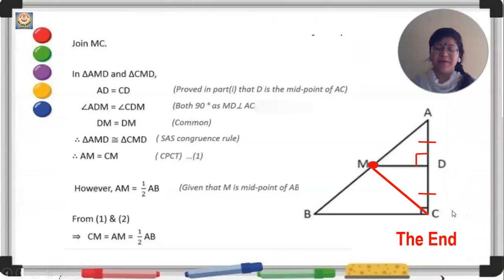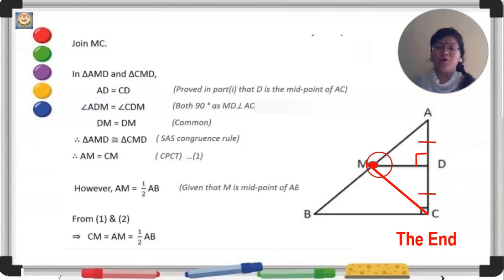Now this is the last part. You have to prove CM equal to AM equal to half of AB. So again, these indications are the ones that we have already proved. We proved AD congruent to CD. In the previous slide, we proved MD is perpendicular to AC, so I put the perpendicular sign out here.